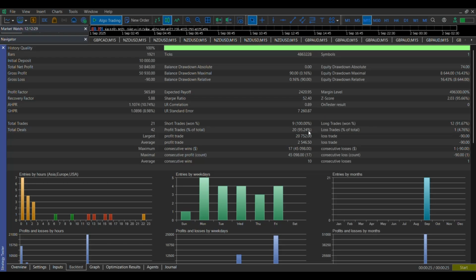With only one trade, it made 20k. And I want to clear one thing, it was a 10k account, not a big account of 100k or 200k. Here you can see 17 consecutive wins, 45,000 consecutive profit, and the average consecutive wins is 10.